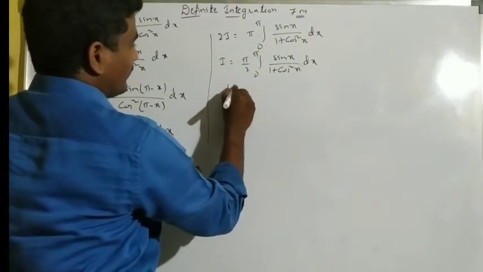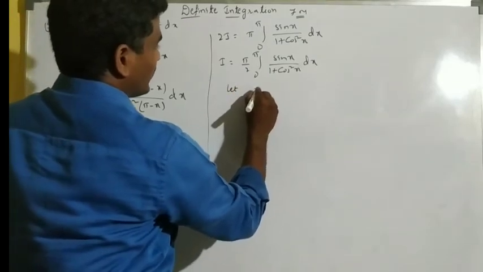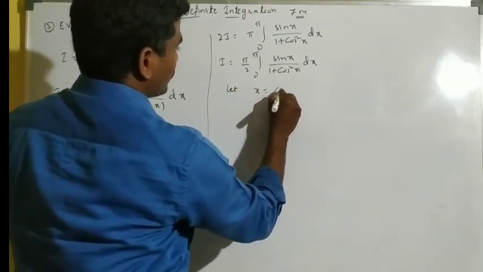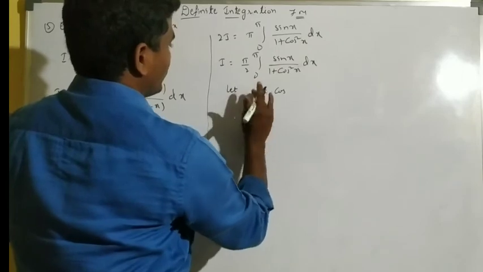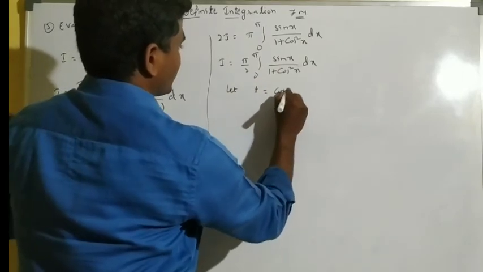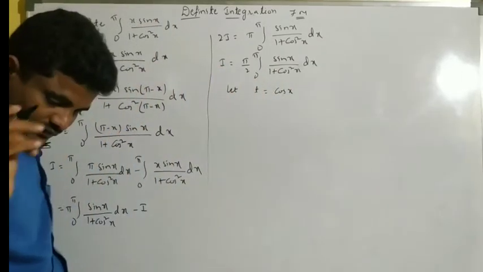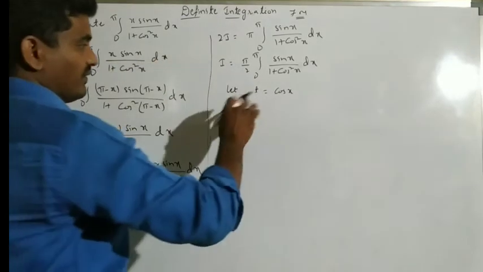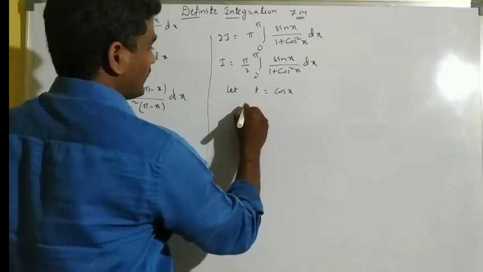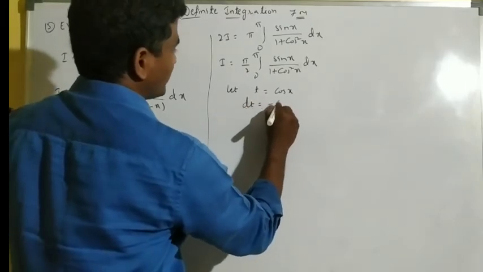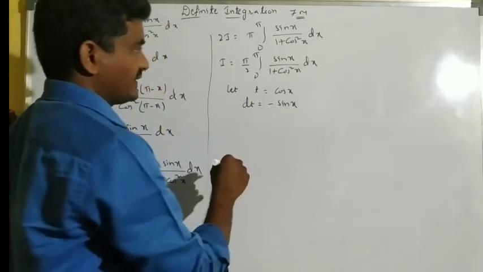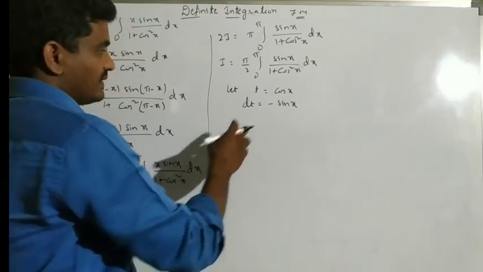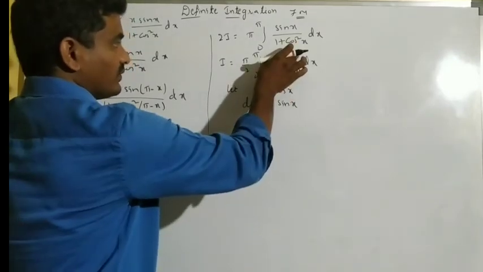Let t equal cos x. When you differentiate on both sides, we get dt equals minus sin x dx. Here we need sin x dx.